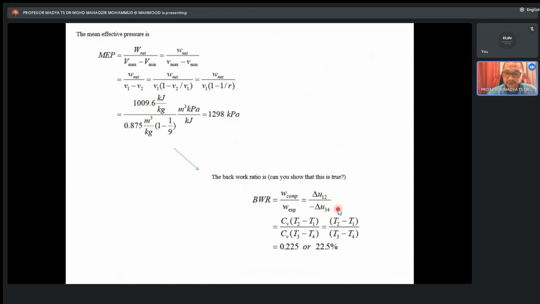And then the formula for specific internal energy is Cv delta T, also for process 3-4. Put the values of temperature, because Cv can be determined. So lastly you will get the backward ratio of 22.5%.